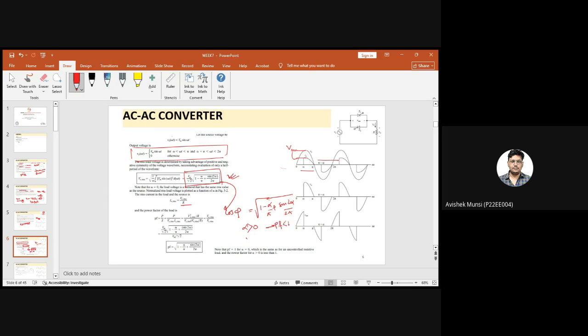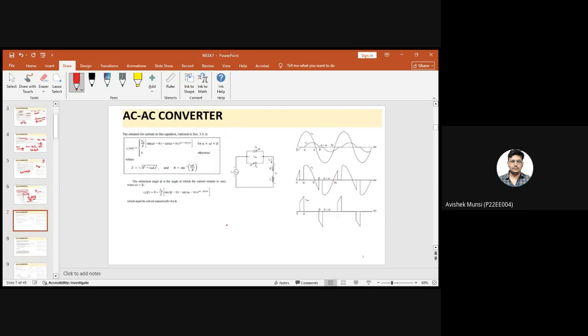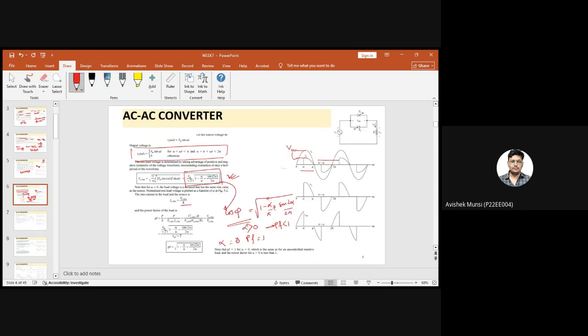So it is clear from this equation. Okay. So if you have any doubt about the resistive load, you can ask, after which we will move into the RL load.